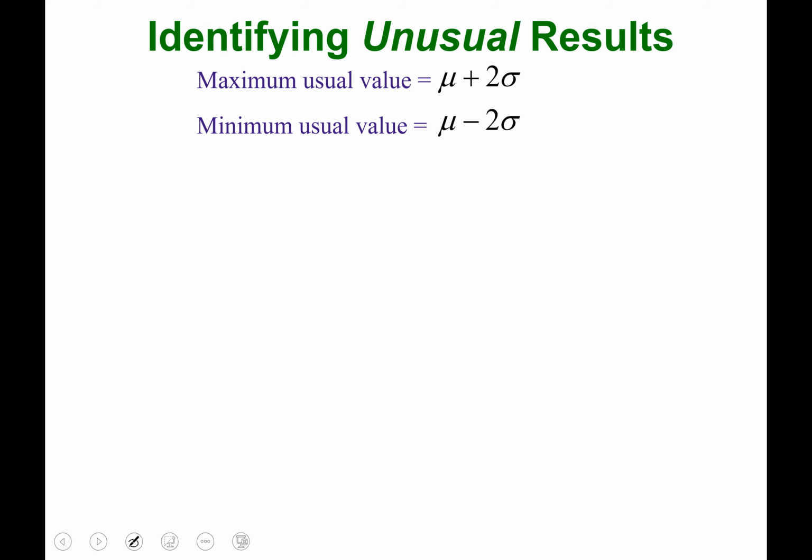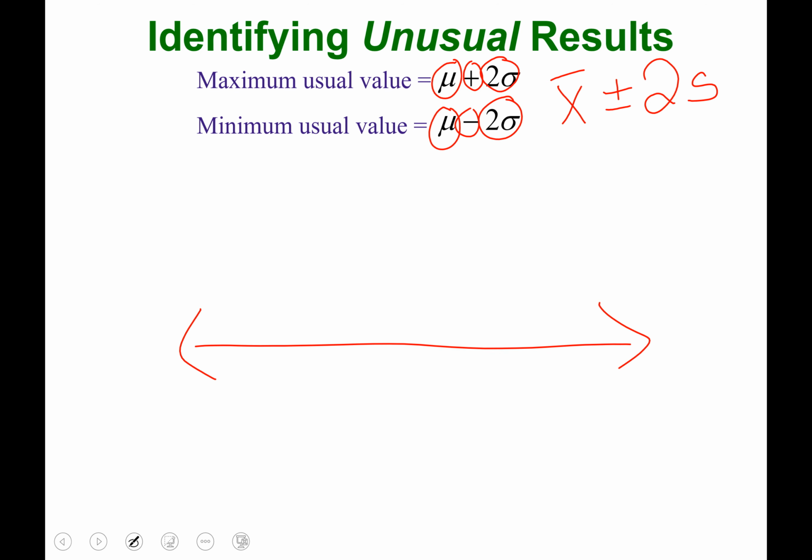Okay, the maximum usual value, if it's not clear that it's less than 0.05, can be calculated by taking your mean and adding 2 standard deviations. And the minimum usual value can be found by taking your mean and subtracting 2 standard deviations. You guys have seen this before. It just looked like x bar plus or minus 2 lowercase s's. Remember, we were doing that.